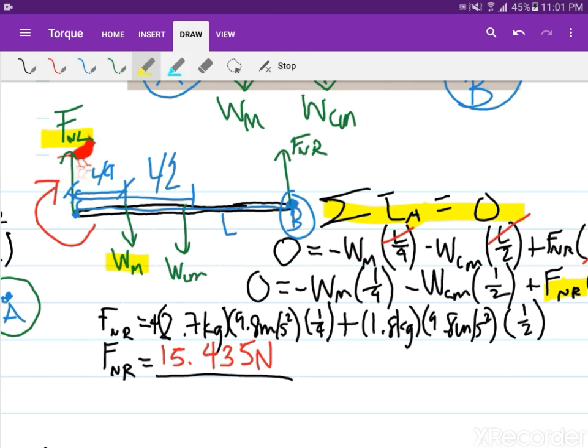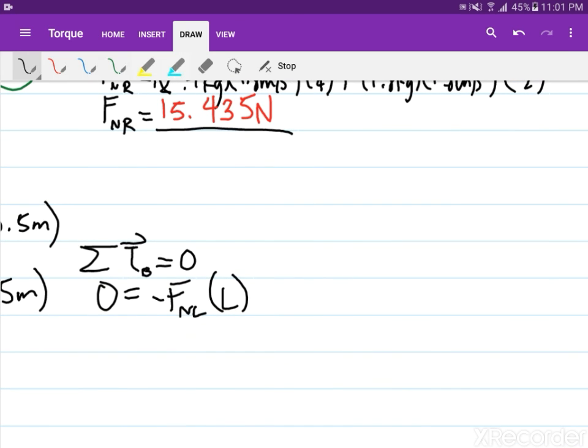Next, we see that W sub M is causing a rotation in this direction, which is counterclockwise, so this will be positive. So we would have W M times 3/4 L, which is its moment arm.